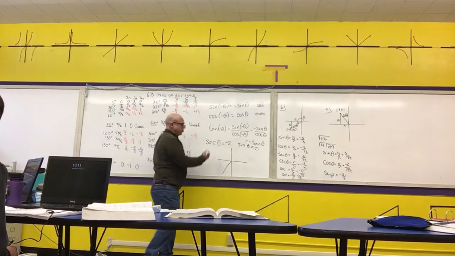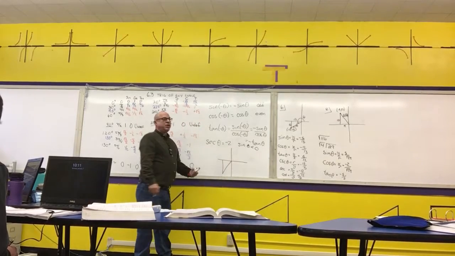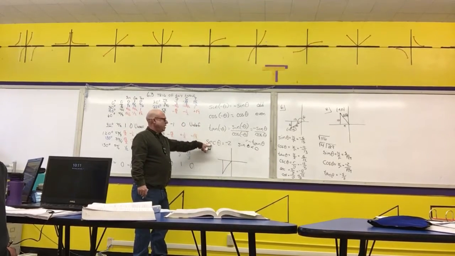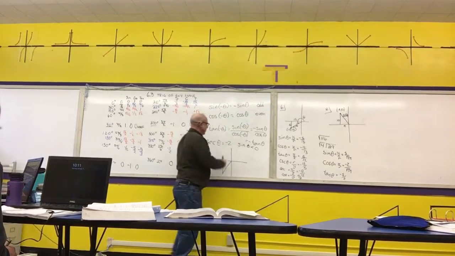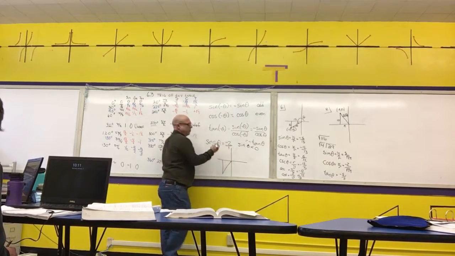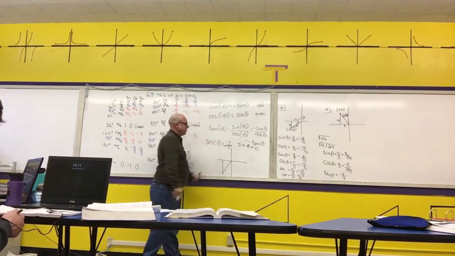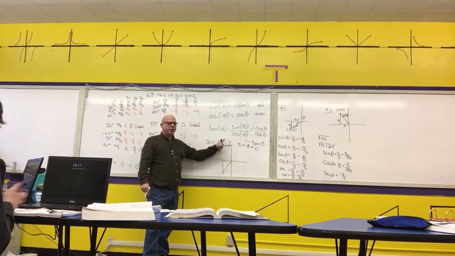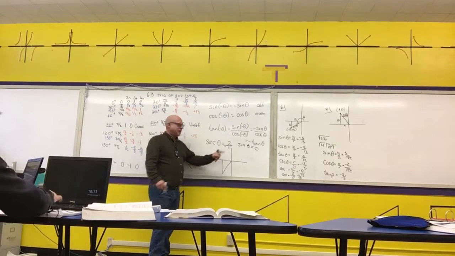So you're going to draw the angle in the correct quadrant. Now we're going to label our angle. And we know that secant is r over x. So think of this -2 as negative 2 over 1. R over x. Can r be -2? That means my x is -1.